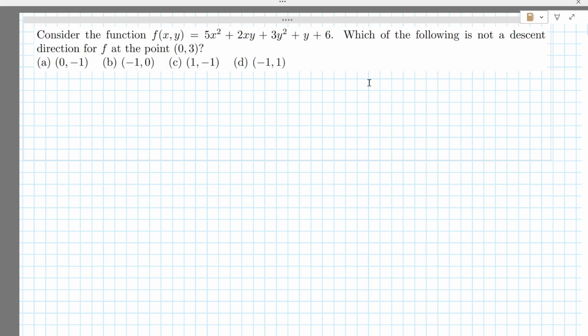So, this first question. What was discussed in week 10 was line search methods.